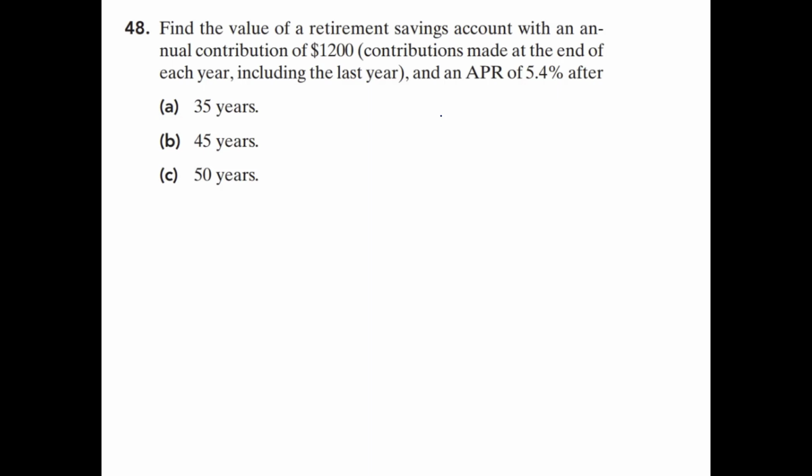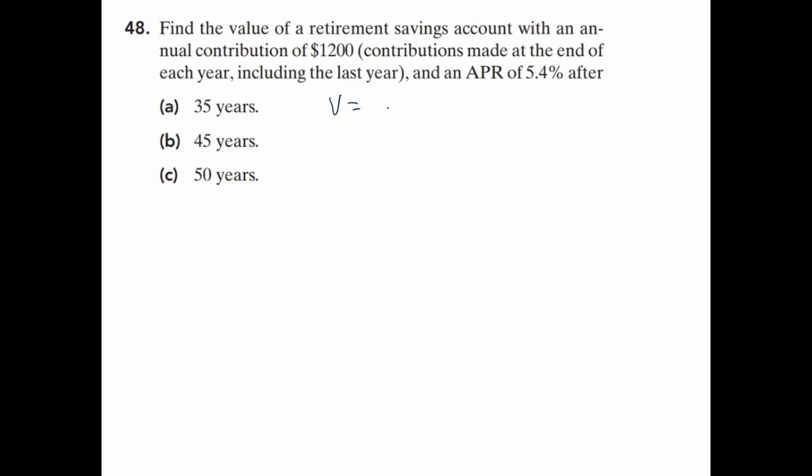Right, so we have 35 years, 45 years, and 50 years, and we're going to see what happens to our retirement account over these different periods. Okay, so again, we're still using the same formula.